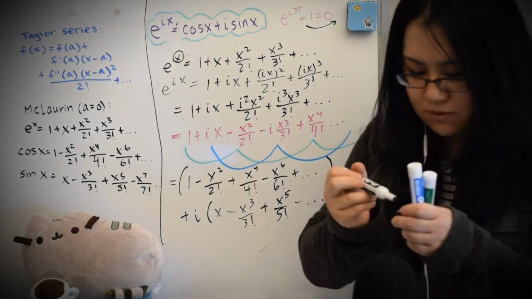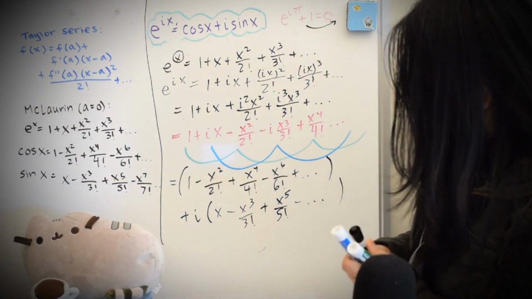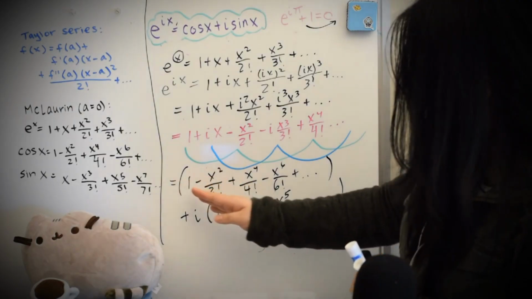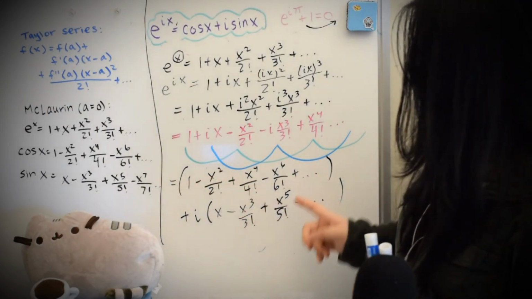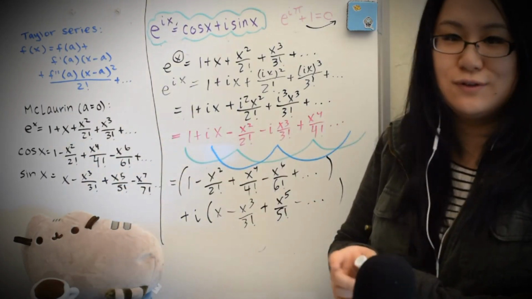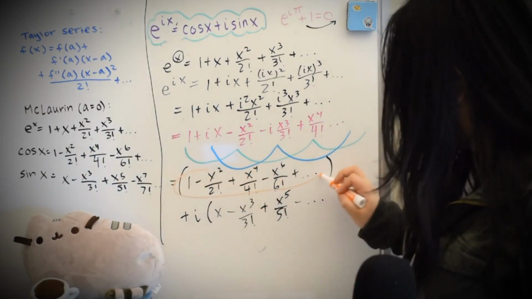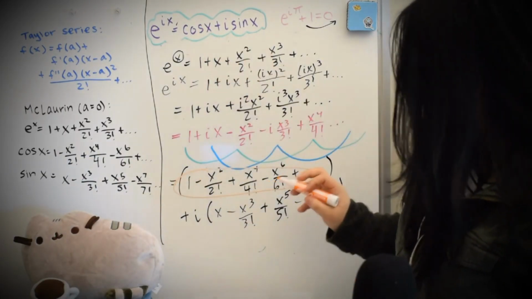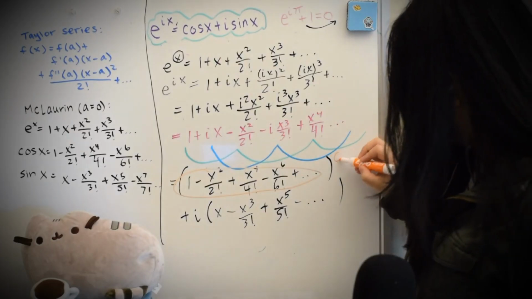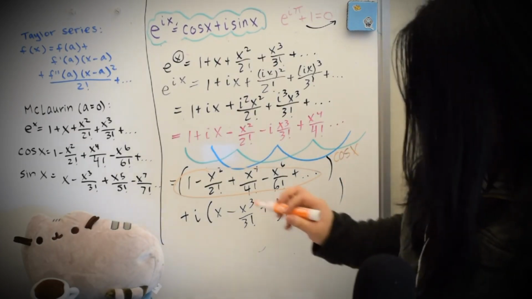And do we see where we're going with this? This is so cool. This 1 minus x squared over 2 factorial and so on is actually the expansion for cosine x. So basically, this is cosine x.